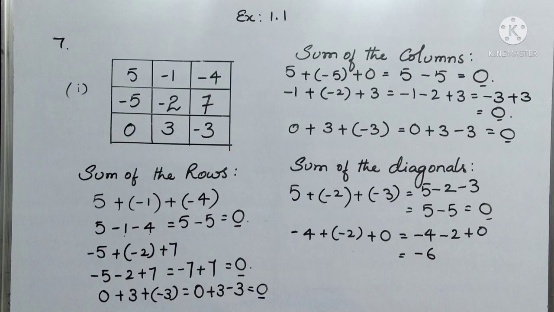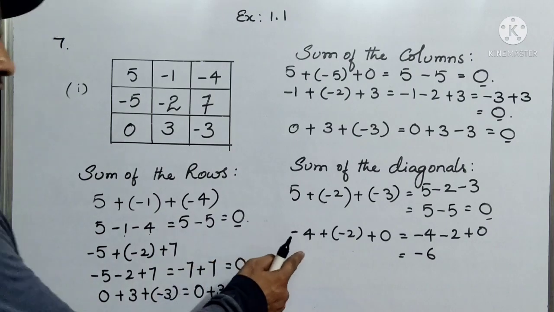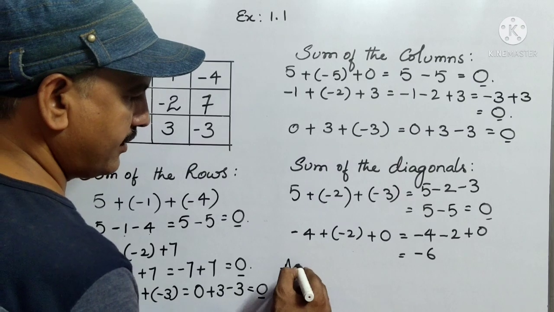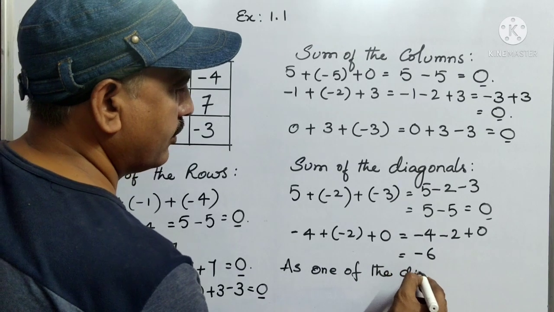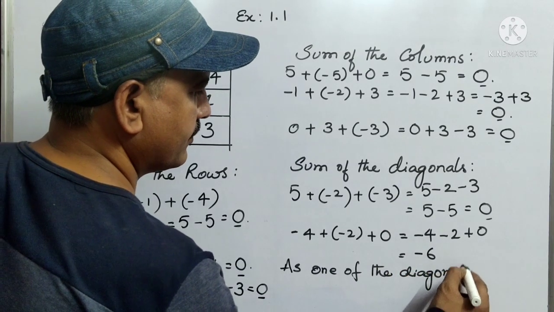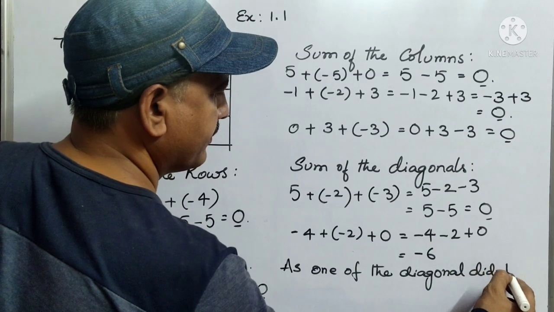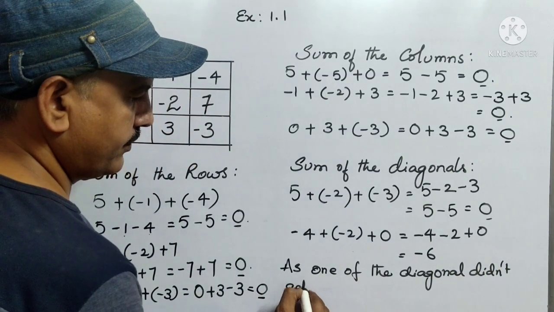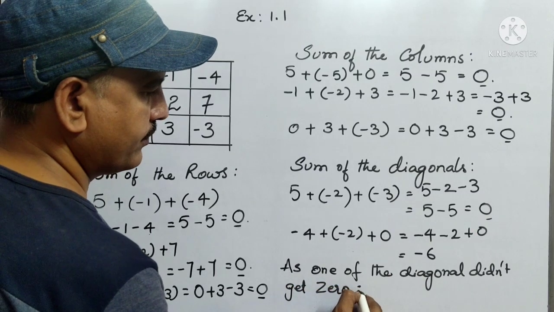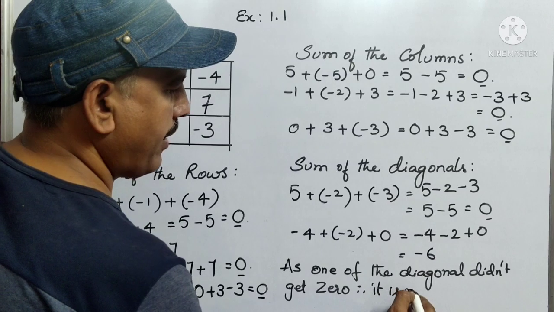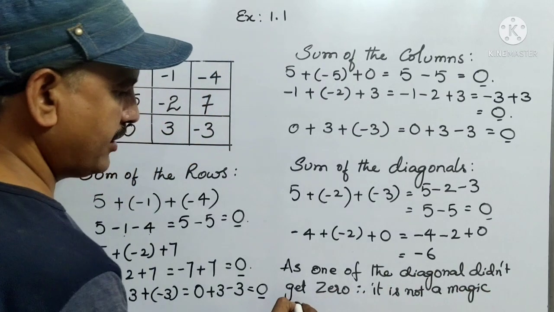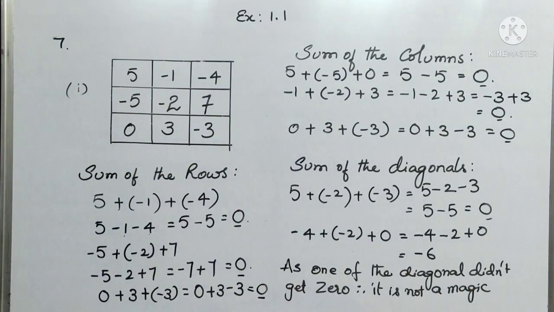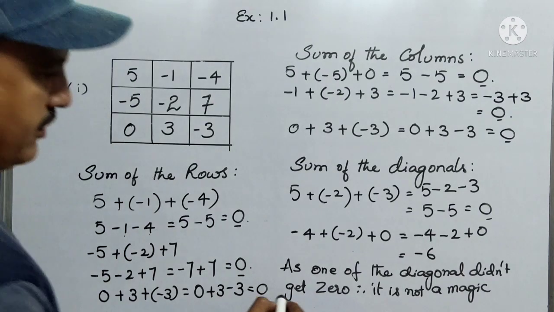As one of the diagonals did not get 0, therefore it is not a magic square. Therefore it is not a magic square.